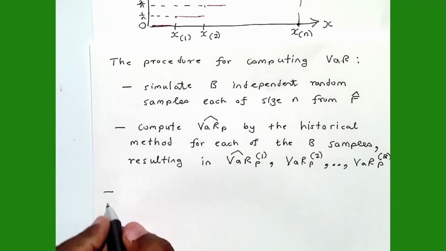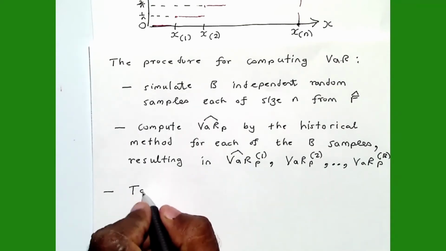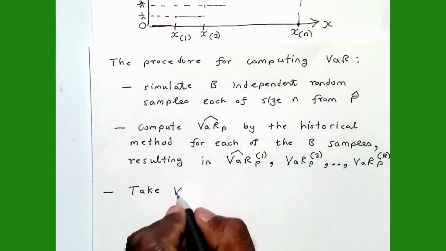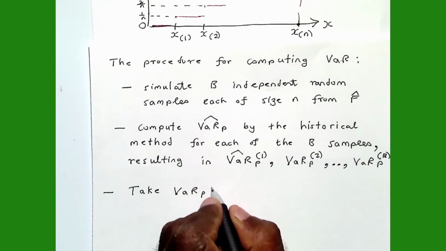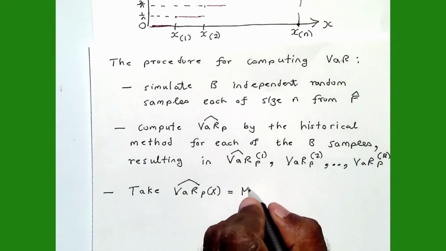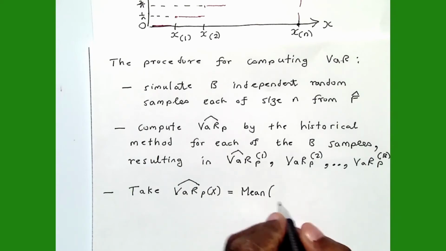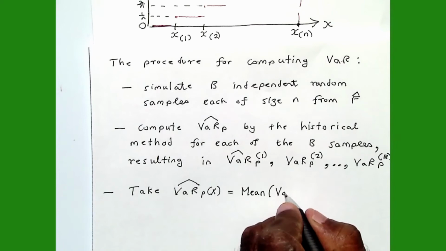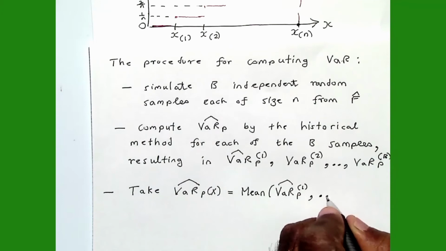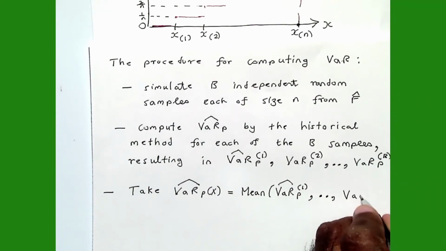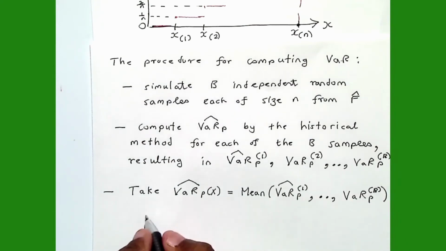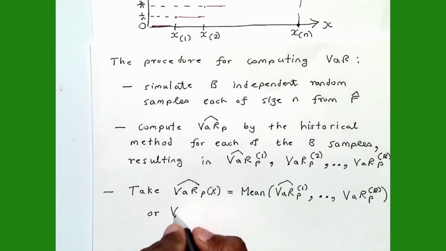The final step is to take the overall estimator for VaR as the mean of the B estimates, or the median of the B estimates.